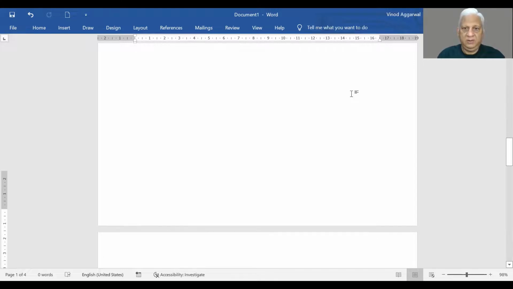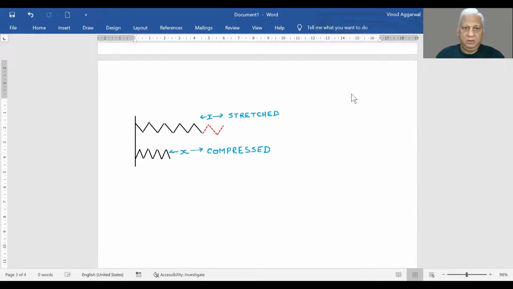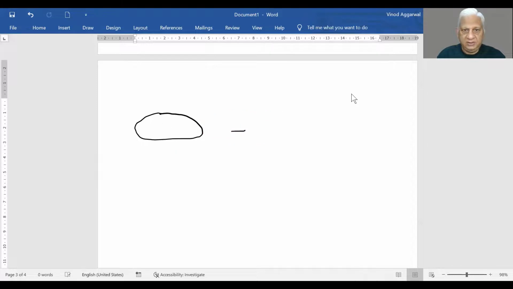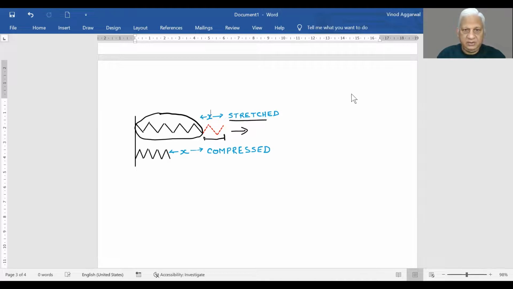Okay. So let us see, this was our original spring. If you apply force in this direction, it extends, stretches; we call it a stretched position. The reverse could be that your spring was here and you applied force to it in this direction. The spring gets compressed.